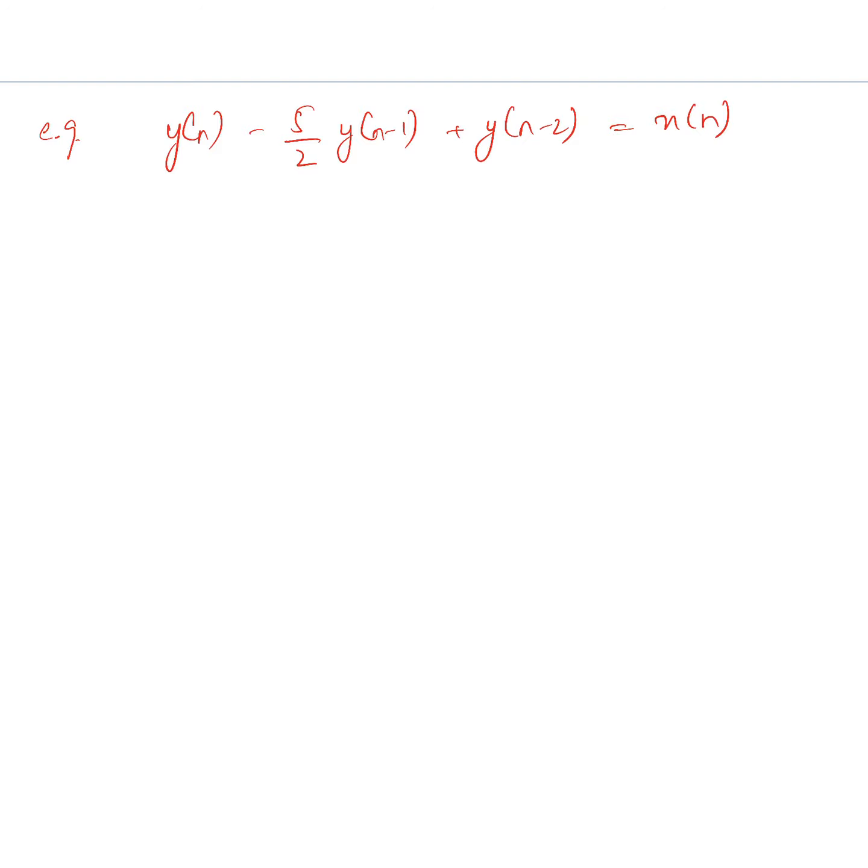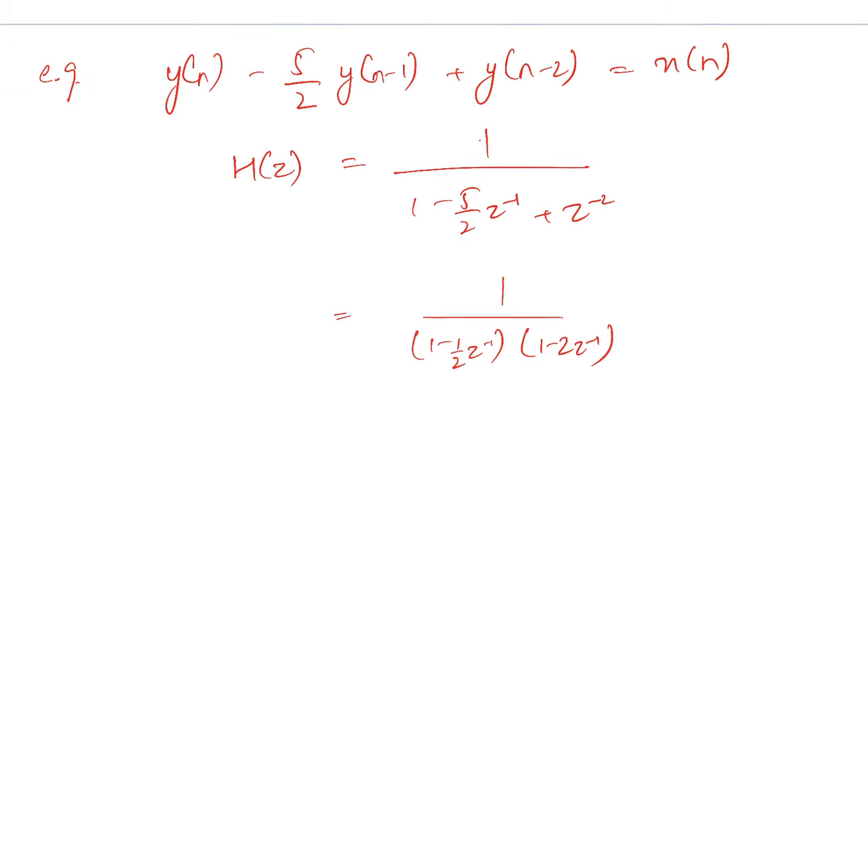For this difference equation, you can compute H(z) as 1 upon 1 minus 5/2 z inverse plus z to the power minus 2. But if you use the multiplication of polynomials, then you can factorize it, so the denominator would become (1 minus 1/2 z inverse) and (1 minus 2 z inverse).